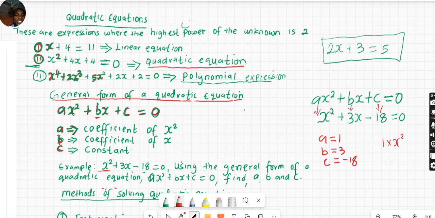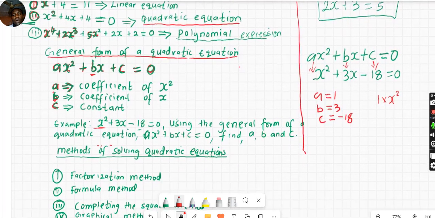We can't write that 1x squared, so we just leave it that way. As a mathematician, you just need to know that. So we have been able to find a, b, and c.